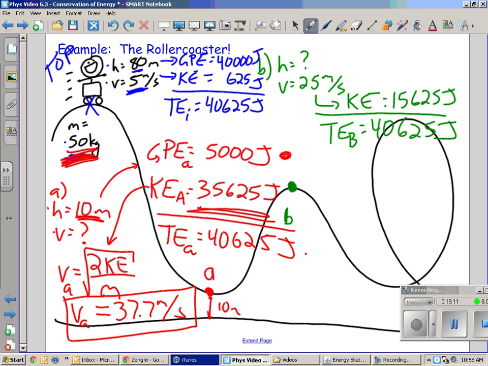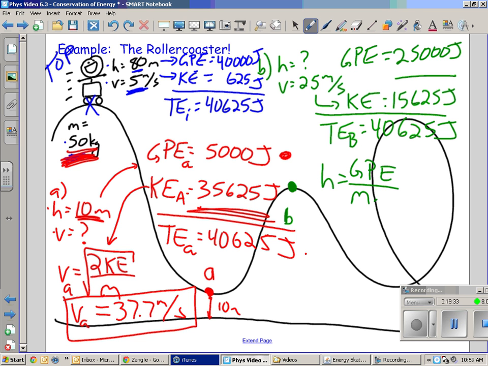I just did one half m v squared again, which means now I can find my GPE, right? Because these have to add up. So it's what number plus 15,625 equals 40,625? It's got to be 25,000 joules. And now that I know the GPE, I can find the height. I know my GPE is 25,000, the mass is 50, and the acceleration of gravity is 10. So it gives you 50 meters.